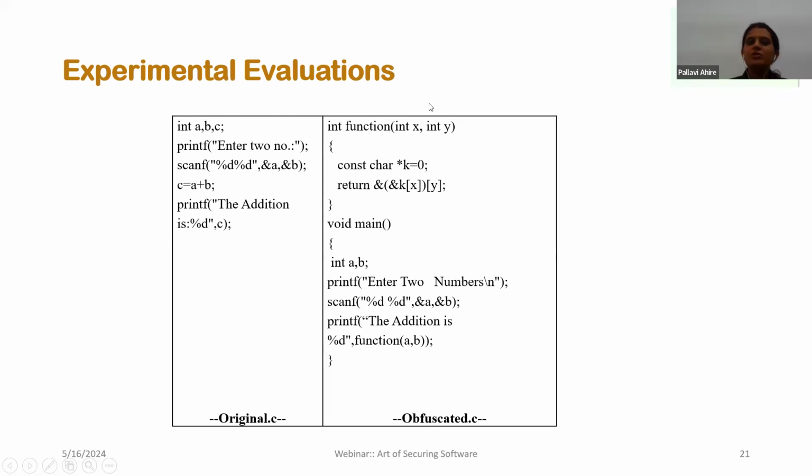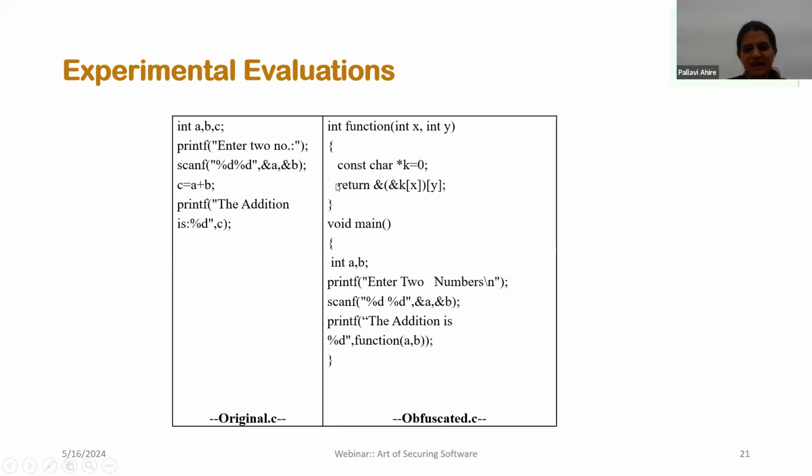An integer function with two formal parameters x, y. These are the two formal parameters to my function. Now what am I writing inside? I'm declaring the character pointer k and I'm assigning it to 0. Since I'm storing the sum of two variables, my reference pointer at which I'm going to store the particular result should be equal to 0 as well. So I'm assigning it to 0.